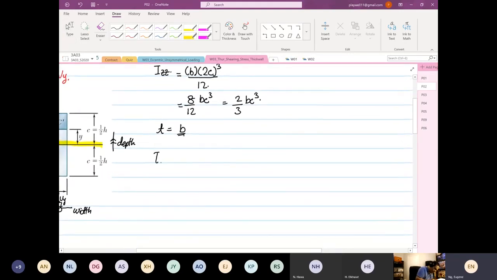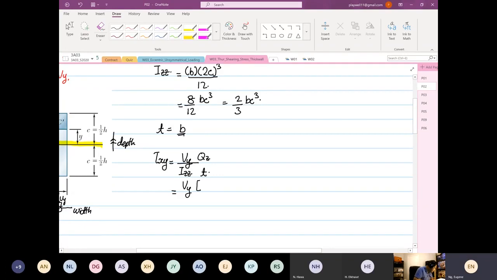So the shear xy is equal to Vy over Izz, Qz divided by T. Now we put everything in. Your Vy still remains as Vy.